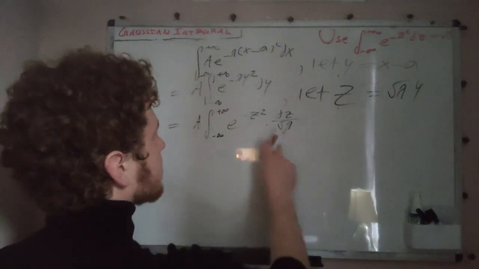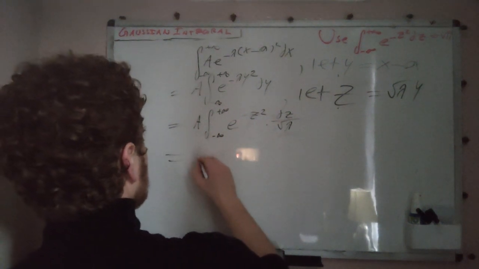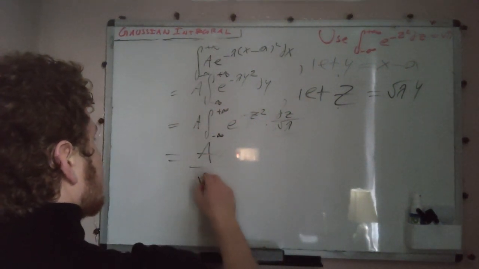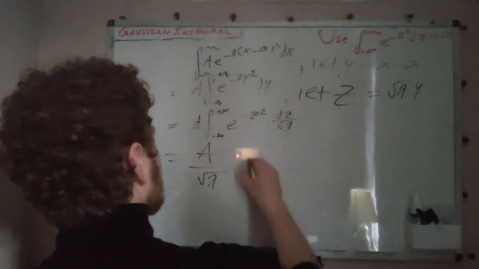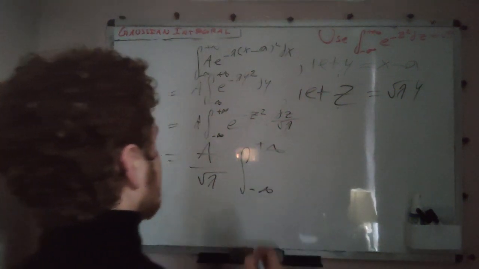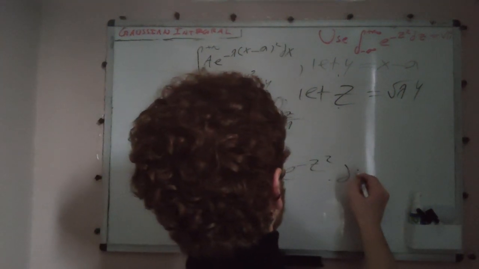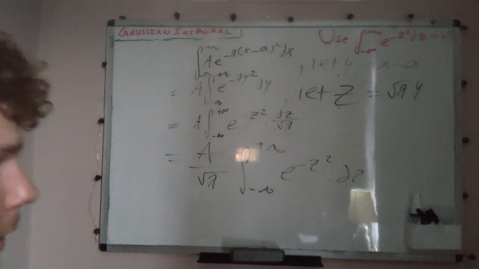And we can now take out this piece, one over square root of lambda. The same integral. I'm making this really big now so you can see it. e to the negative z squared dz. Remember, this is exactly what we had here, where this is equal to the square root of π.